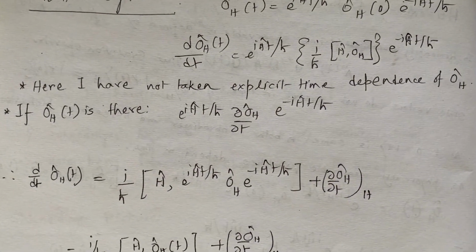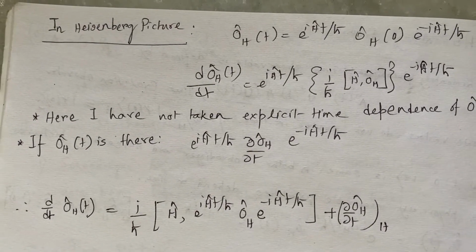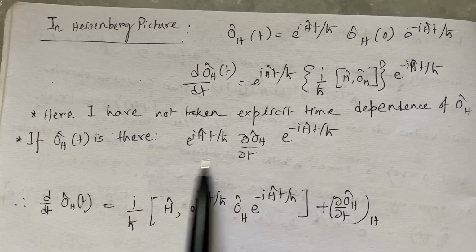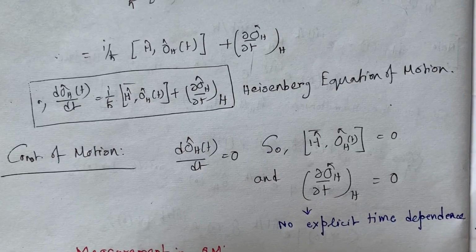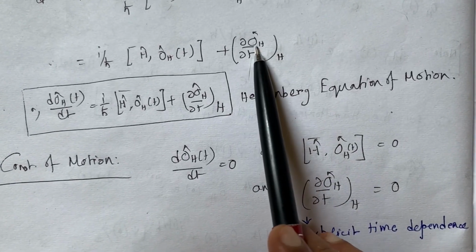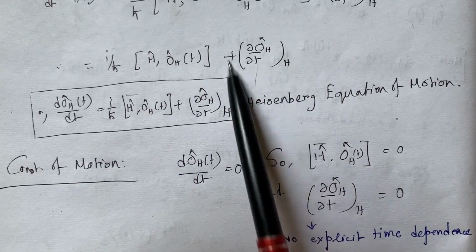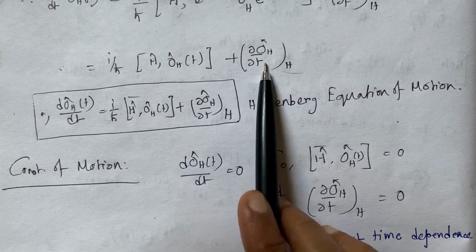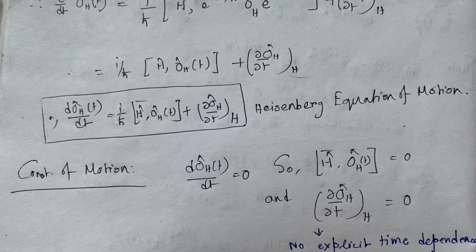If the operator has some explicit time dependence, then I will have this extra term. So in case we have explicit time dependence of this operator, we'll have this term in addition to this, and the Heisenberg equation looks like this.